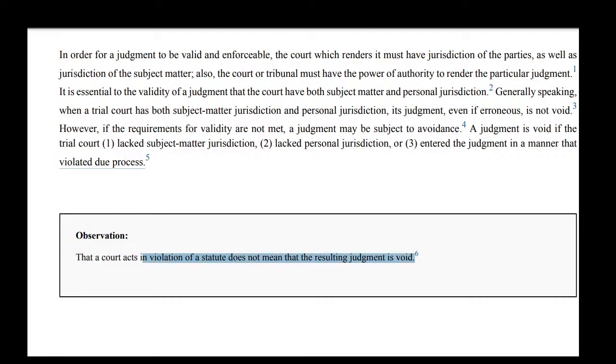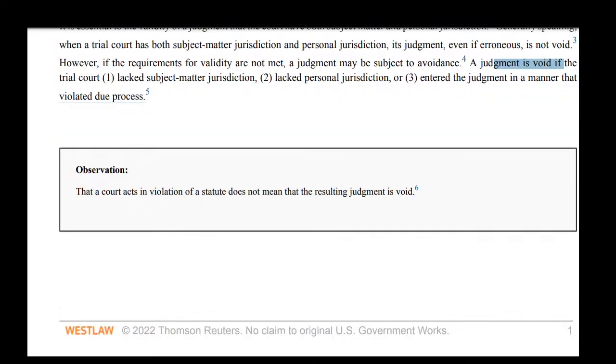However, the judgment is void if the trial court entered a judgment in a manner that violated due process. Not violation of statute, but due process would void the judgment. See this distinction here, that when we're talking about due process, it's supreme to statutes, as you see right here.